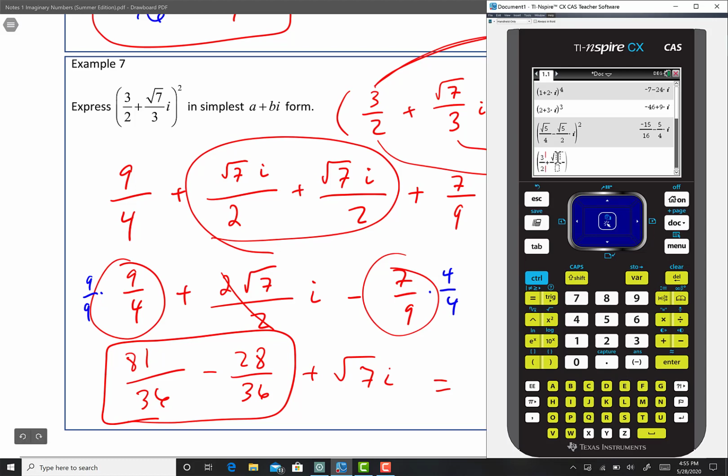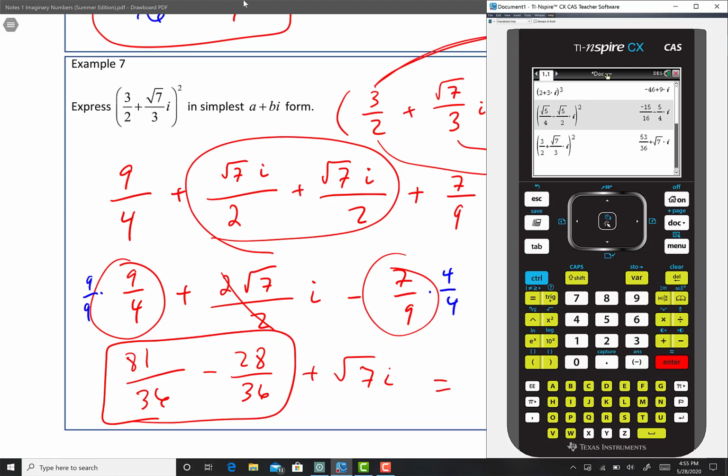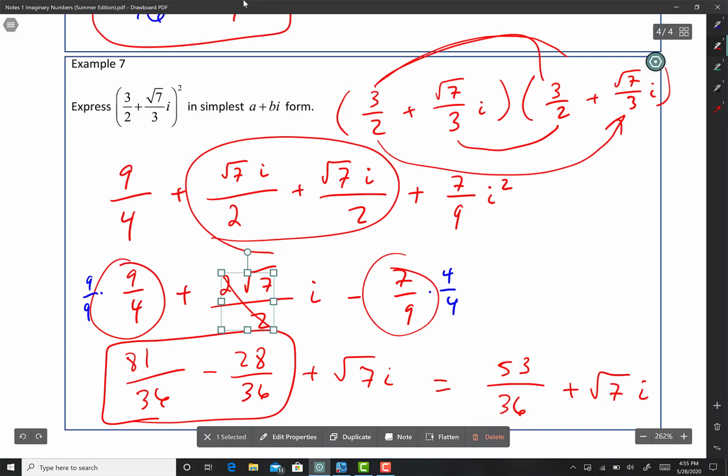Maybe it's easier with a mouse. Nope, it's not easier with a mouse. Square root of 7, scroll down, and then 3, and then put the i. Where are you, i? Here we go. And then finally, we put a square on there. All right. Let's see, 53 over 36 plus square root of 7 with an i on it. There it is, guys. So we got it right.